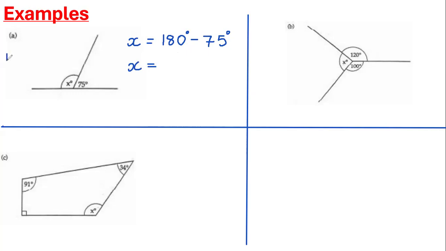So let's go ahead and subtract that. 180 degrees minus 75 degrees. 0 minus 5, we can't do that, so we borrow and it's 10. 10 minus 5 is 5. 7 minus 7 is 0. 1 minus 0 is 1. So it's going to be 105. So x is equal to 105 degrees.